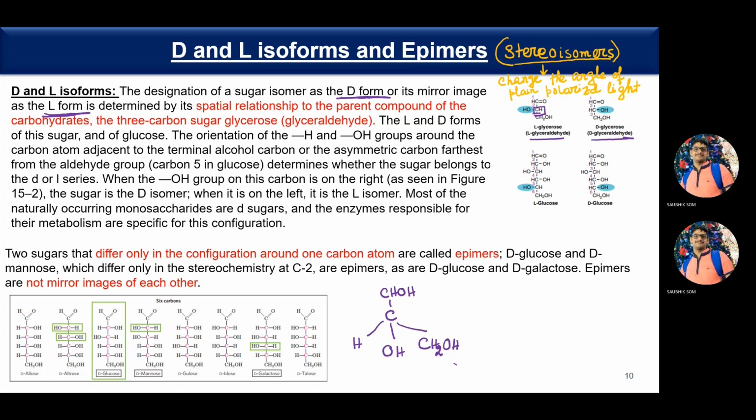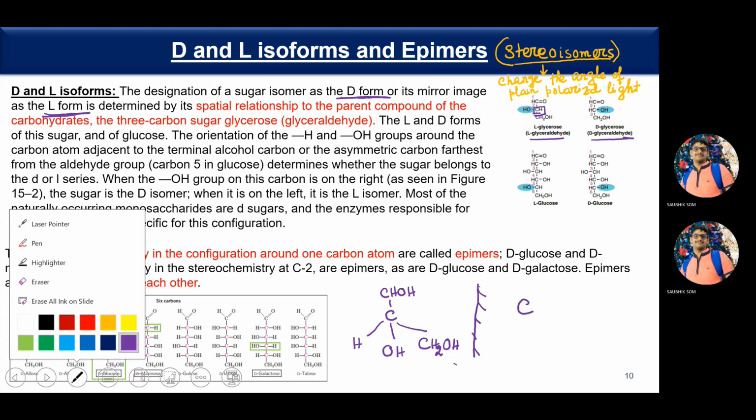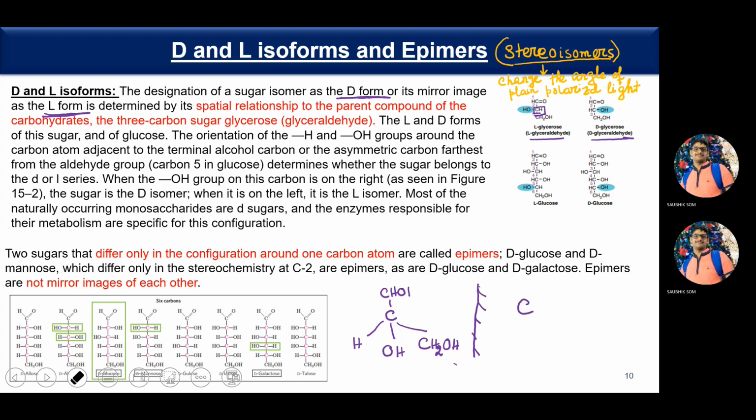Now, if I put a mirror of this in this plane, correct. Sorry, this will be CHO, not CHOH. Sorry, my bad. CHO, correct. If we change it, this will not change, this will be CHO only. So think of this carbon. This will shift.